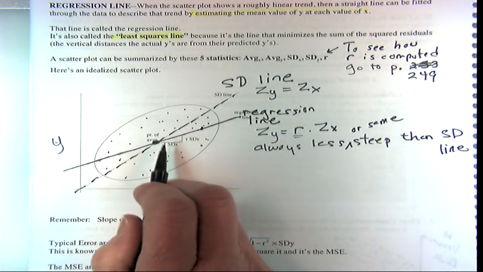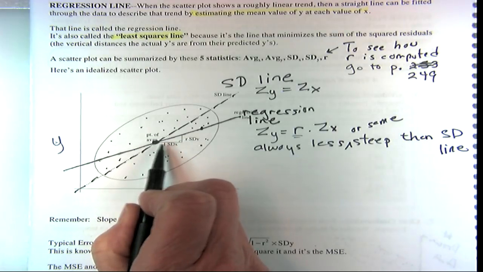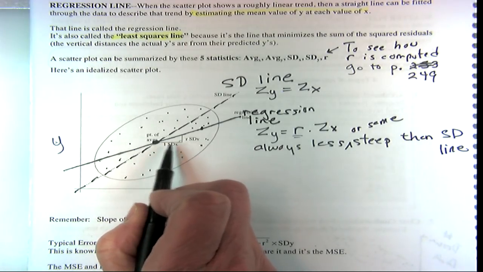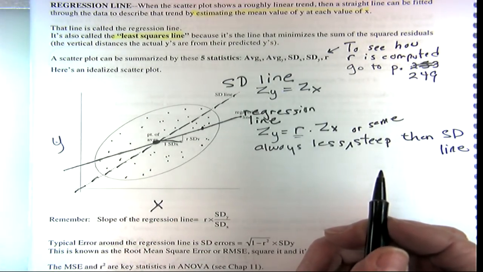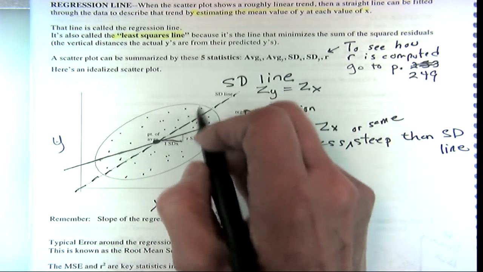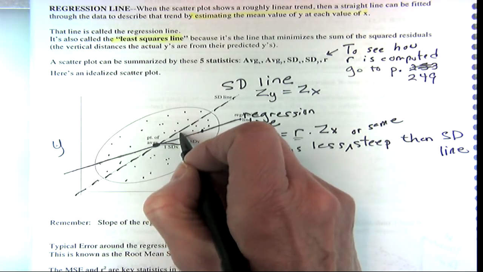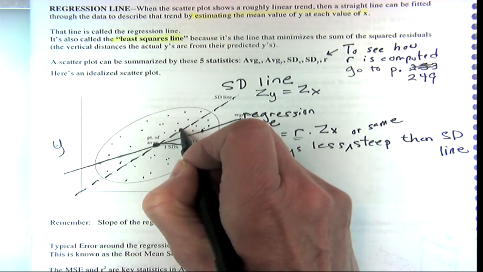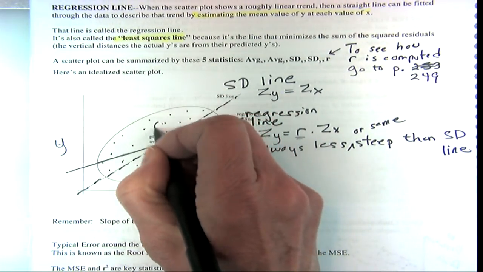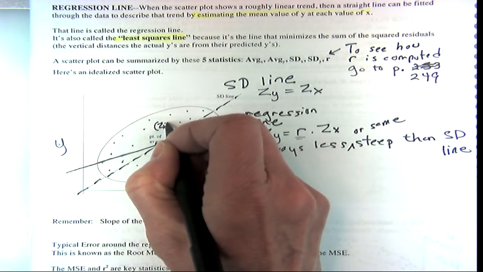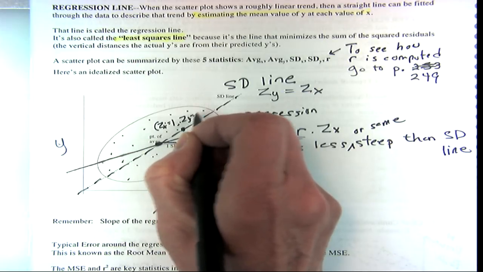So basically, if you go over one standard deviation in the x direction, like a z-score of 1, then to get to the standard deviation line, you go up a whole standard deviation in the y. That would be the point zx equals 1 and zy equals 1.